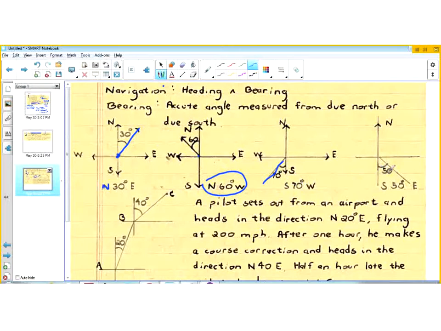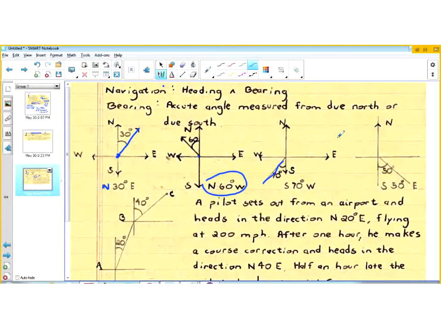And in the fourth picture, you're heading south 50 degrees in the easterly direction. So in bearing notation, always write north or south first, followed by the degree measure, followed by east or west, depending on which quadrant the vector is pointing in.